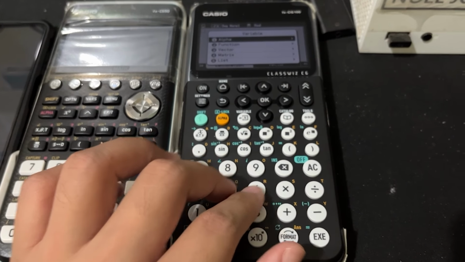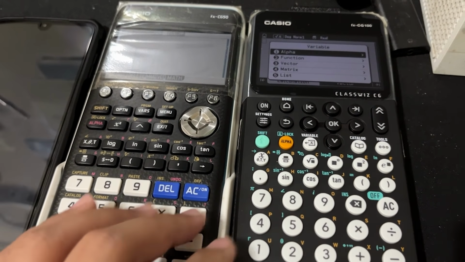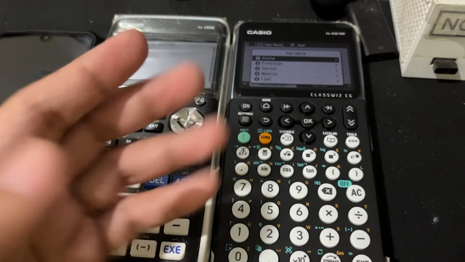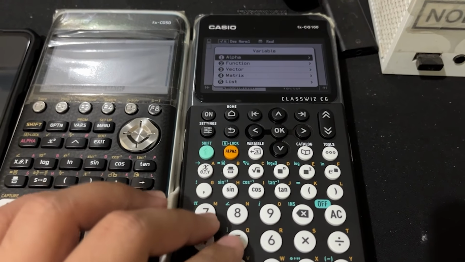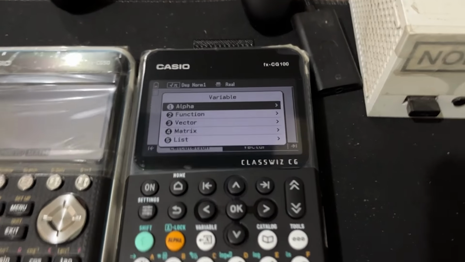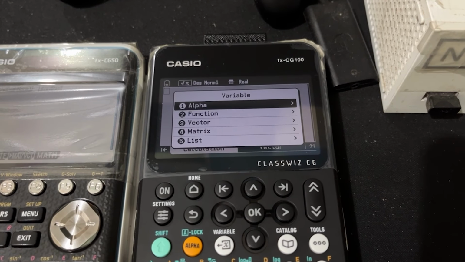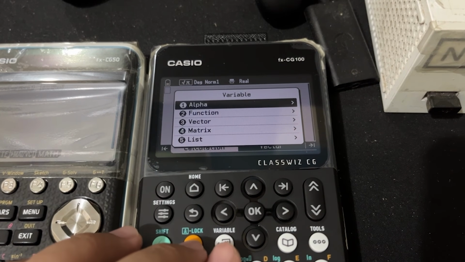If you type slowly, it's not designed like a keyboard, and it's very complicated to type. I don't know how they designed the calculator, it's terrible.